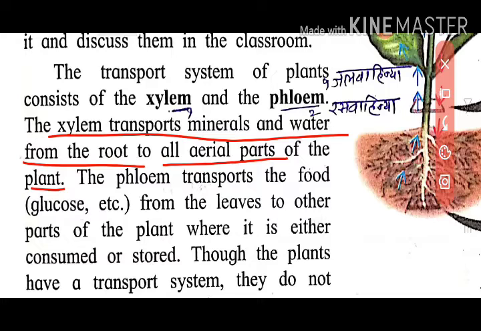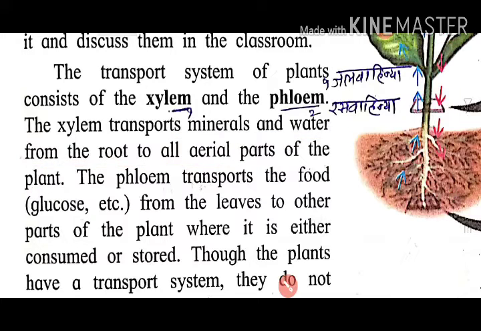We know that roots absorb minerals and water, and they are transported towards the leaves by the xylem tissues.